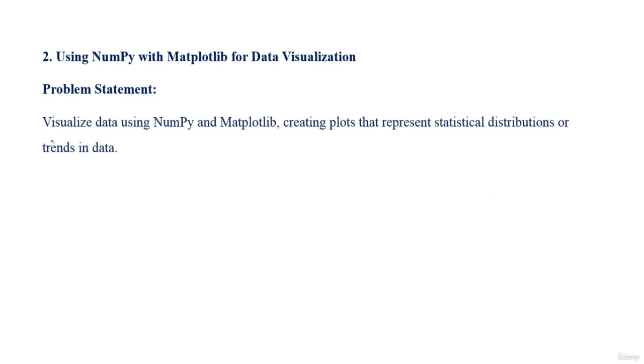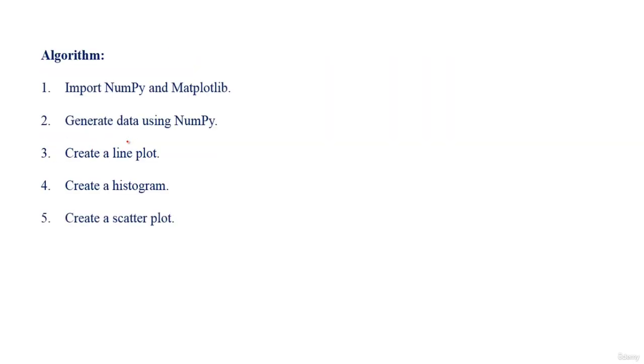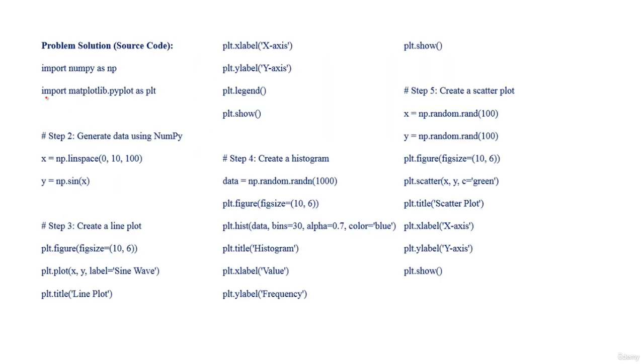Second problem statement is to visualize data using NumPy and matplotlib. Matplotlib I will use here to show data in graphical form, creating plots that represent statistical distribution or trends in data. So data I want to show in graph form, I will use matplotlib with NumPy. Skills and instructions, this is the algorithm. So this is the problem solution.